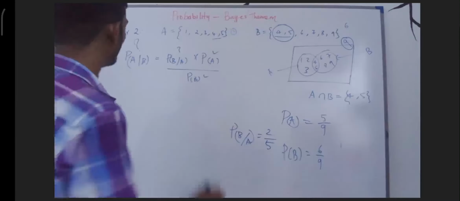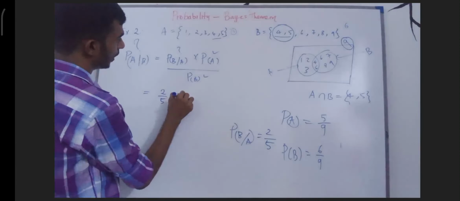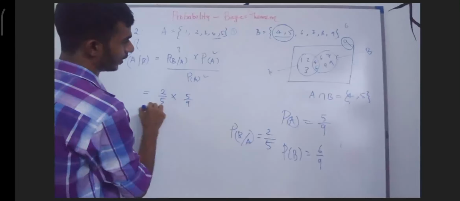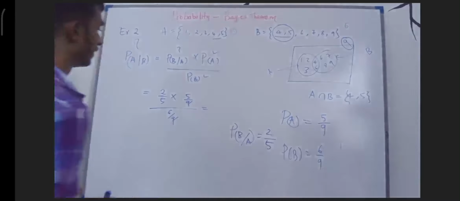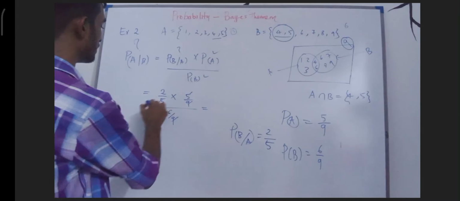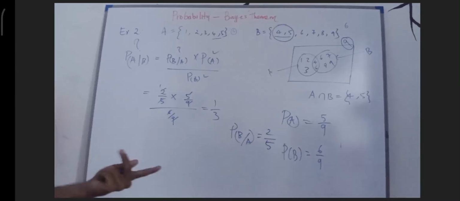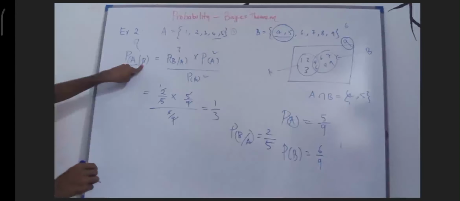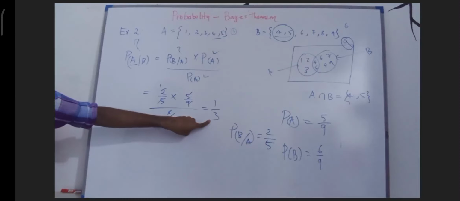So I just substitute the values here. 2 divided by 5 into 5 divided by 9, divided by 6 divided by 9. If I simplify this, it is 1 divided by 3. So what does this mean? Conceptually, the probability of A occurring when B has already occurred is equal to 1 divided by 3.